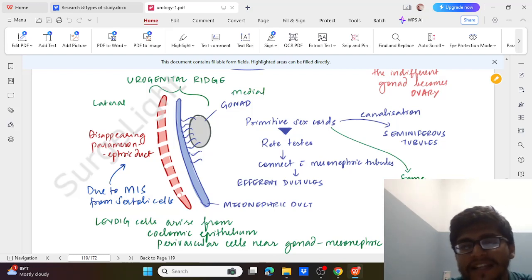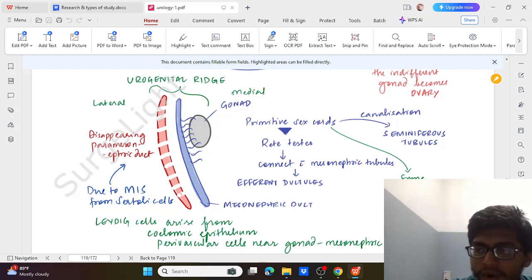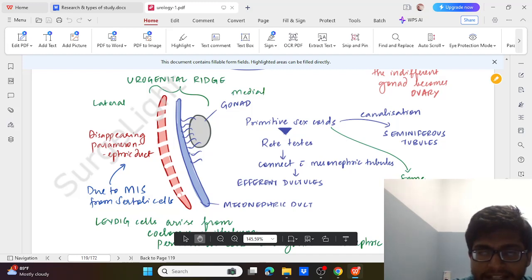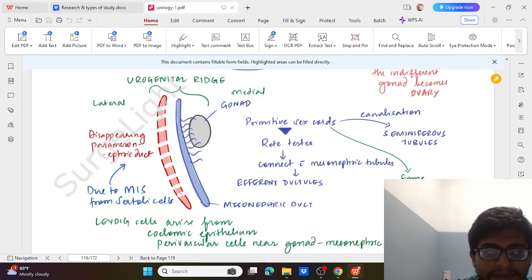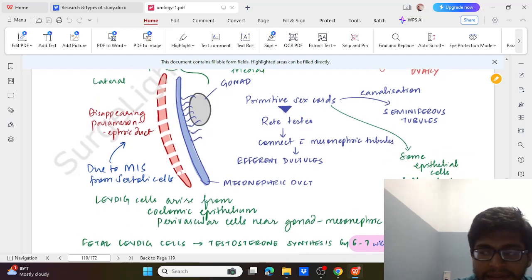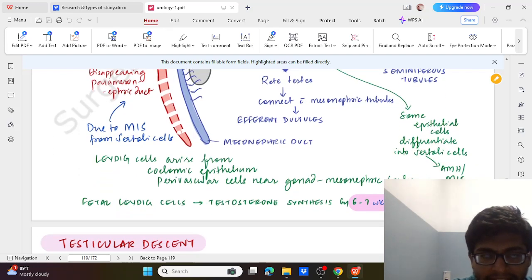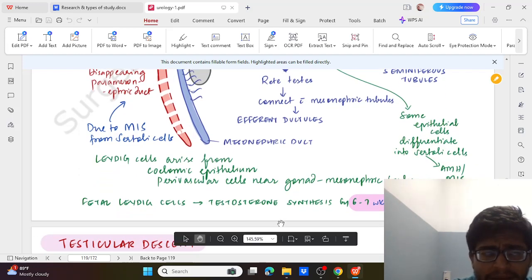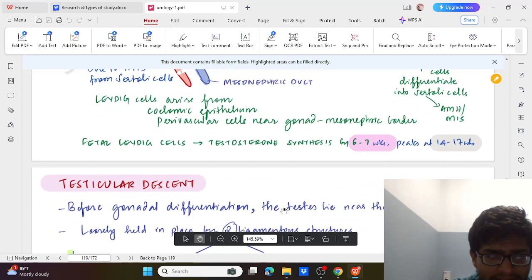Some of the epithelial cells from the primitive sex cords will differentiate into Sertoli cells and will give rise to AMH, that is anti-Mullerian hormone or Mullerian inhibiting substance. So like this, there will be development of testis.